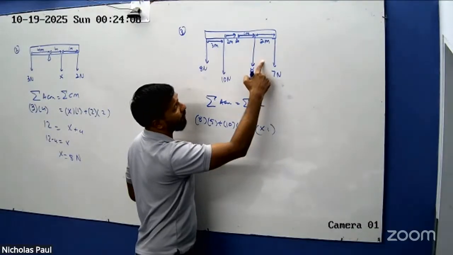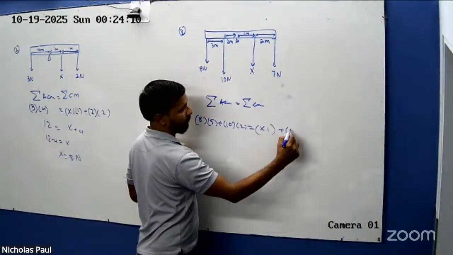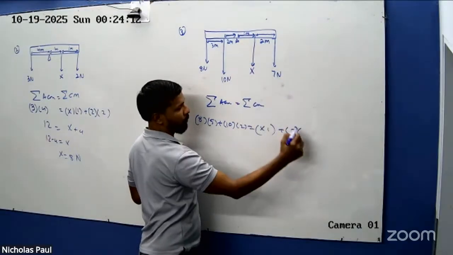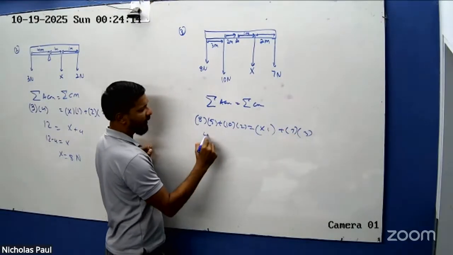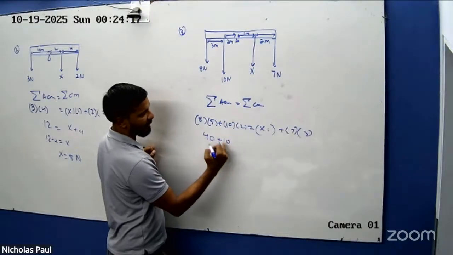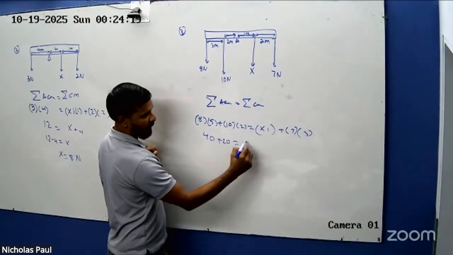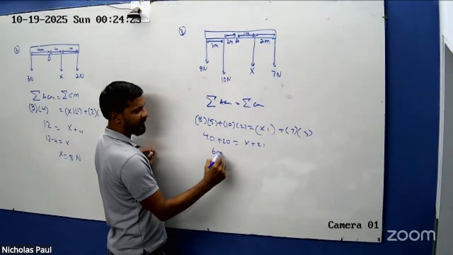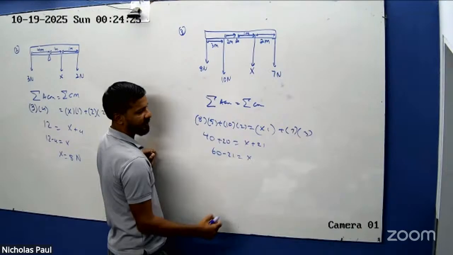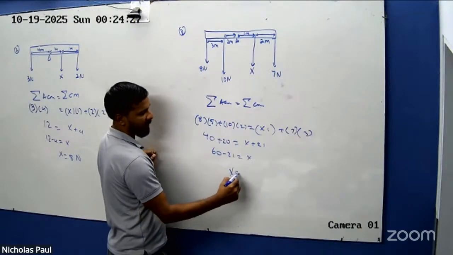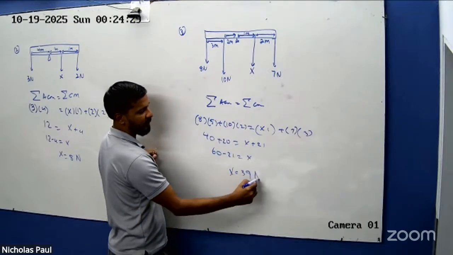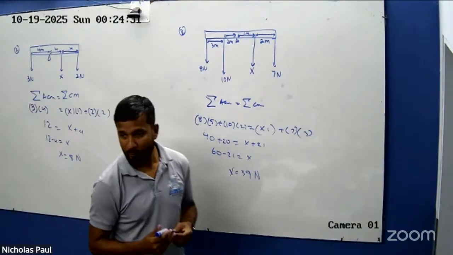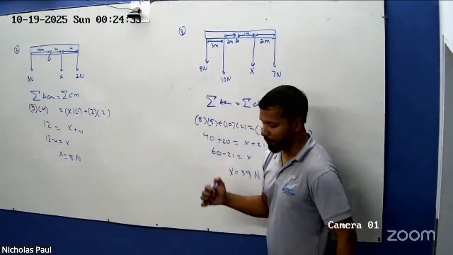And how far is 7? 2 plus 1, right? So here is 40 plus 20. Here's X plus 21. So this is 60 minus 21 is X. Right? So I got X to be 39 newtons. Okay? So that's the principle of moments there.